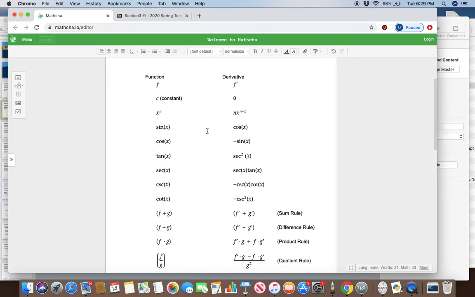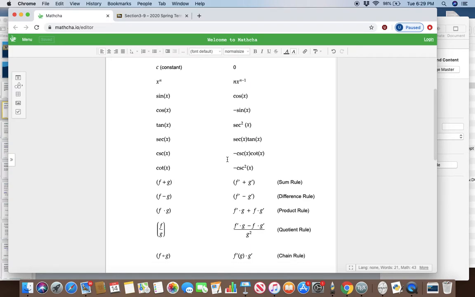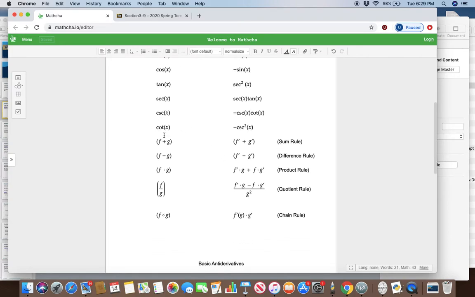Function is cosine, its derivative is negative sine. Function is tan, its derivative is secant squared. Function is secant, its derivative is secant x tan x. Function is cosecant, its derivative is negative cosecant x cotan x. Function is cotan, its derivative is negative cosecant squared.